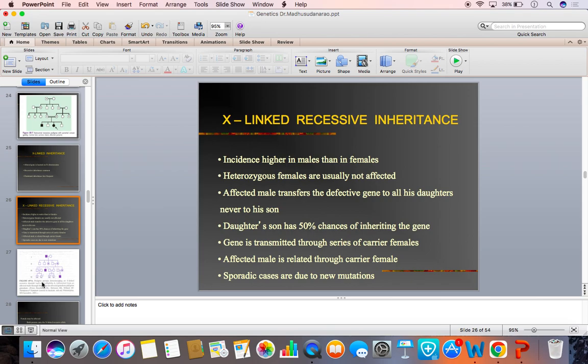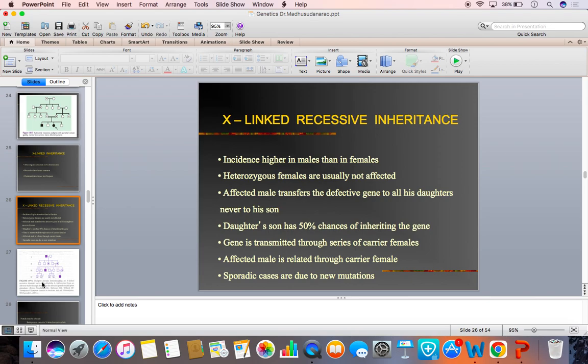If a son inherits the X chromosome with the defective gene and the mother is a carrier for that particular disorder, it is the son that inherits the disorder from carrier mothers, not from the diseased father. Sons have 50% chance of inheriting the gene.